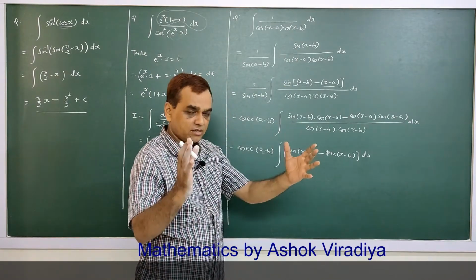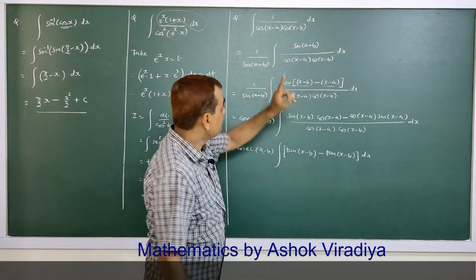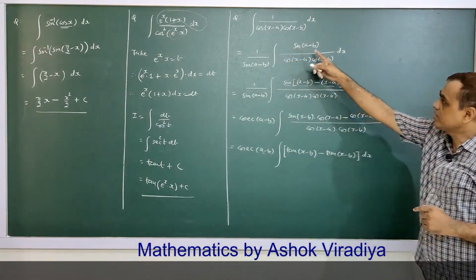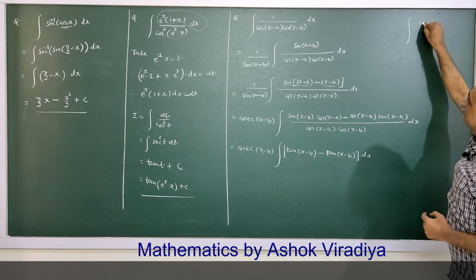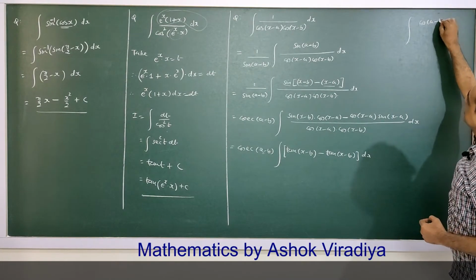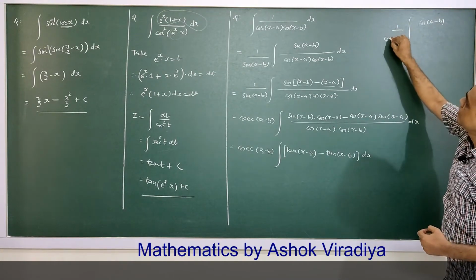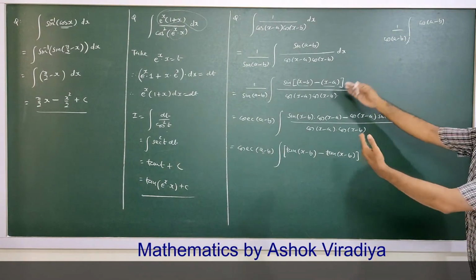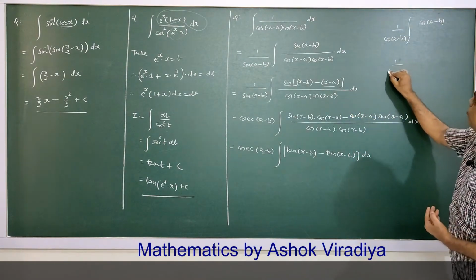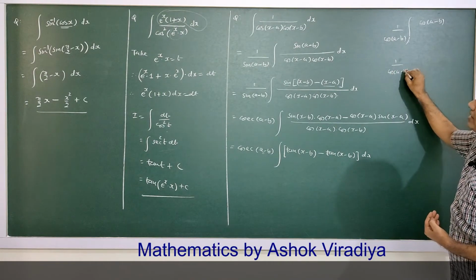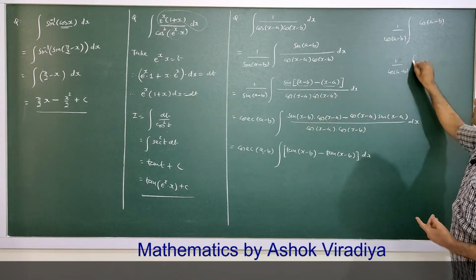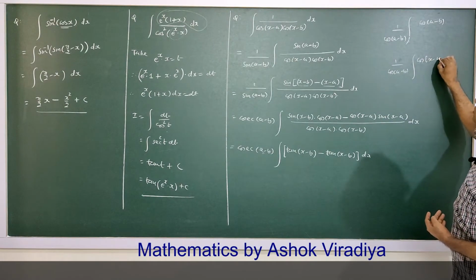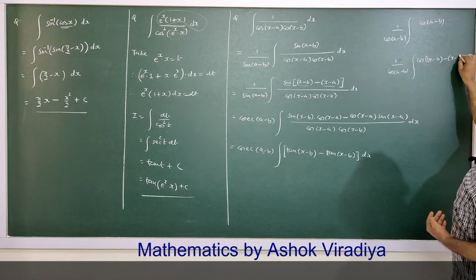Now think, if suppose you use cos here, then what will happen? Cos of a minus b, here 1 upon cos of a minus b. Then in the next step, what will happen? 1 upon cos of a minus b. This will be cos of x minus b minus x minus a.